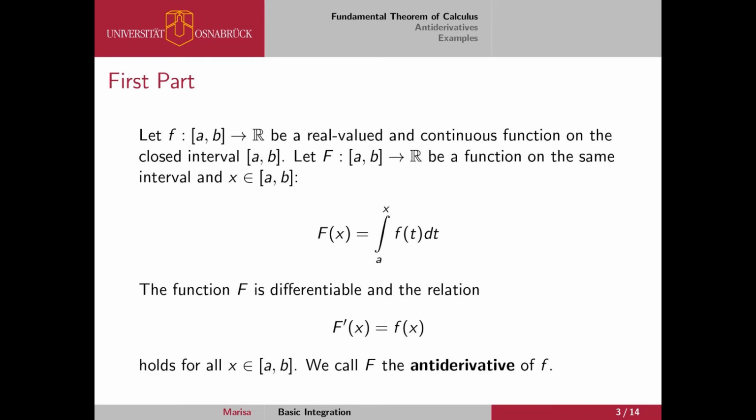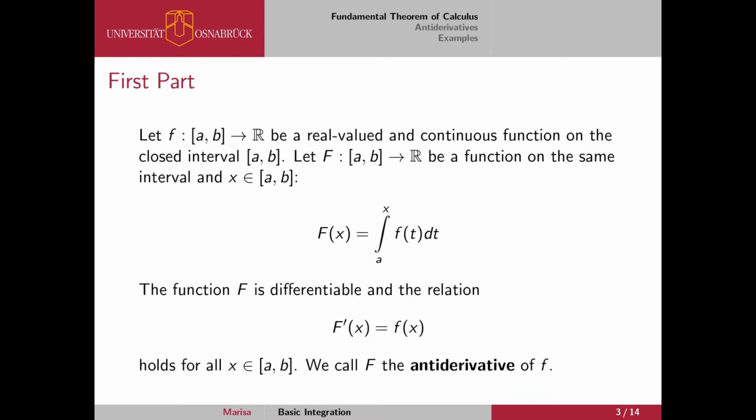The first part of the fundamental theorem of calculus goes as follows. Let f be a real-valued continuous function on the closed interval [a, b]. Let F, so here capital F, be a function on the same interval, and we have an x that is an element of that interval. We define the function F of x, so capital F here again, as the integral from a to x of the function f of t dt.